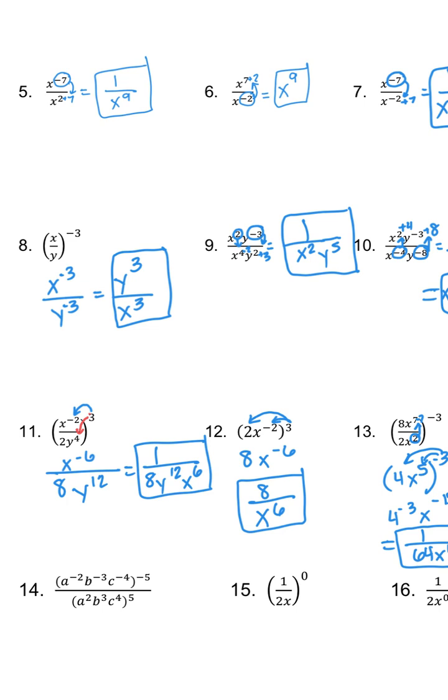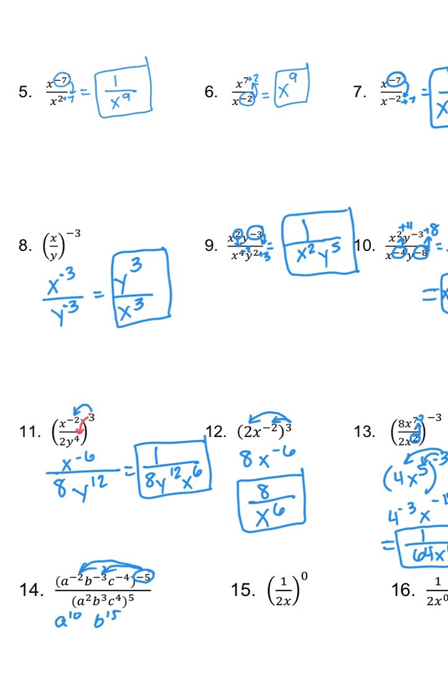Number 14. Now we have a long problem here, but let's just do it step by step, okay? So let's go ahead and we see this negative 5. We're going to do what is negative 5 times negative 2. That gives us 10. Negative 5 times negative 3 gives us 15.